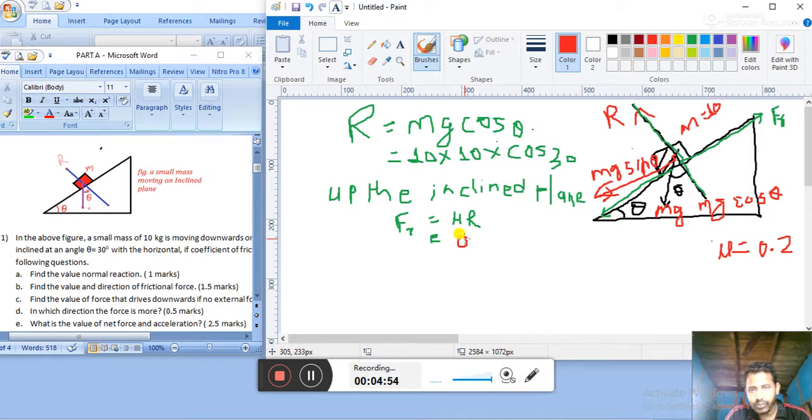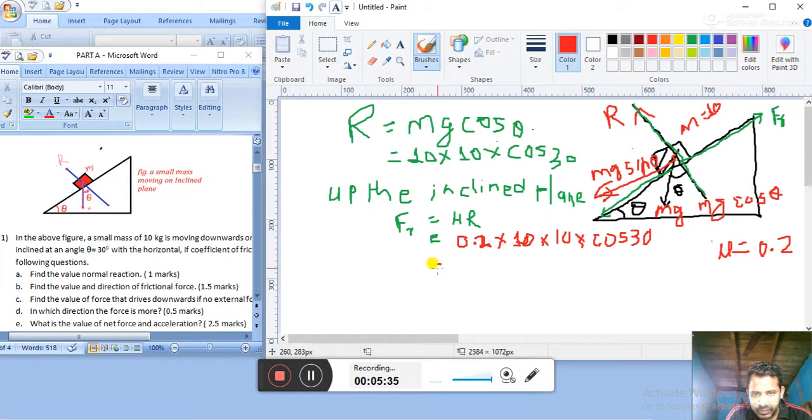So you will get 0.2 into the R value, which is 10 into 10 into cos 30. Use a calculator, you will get the value.